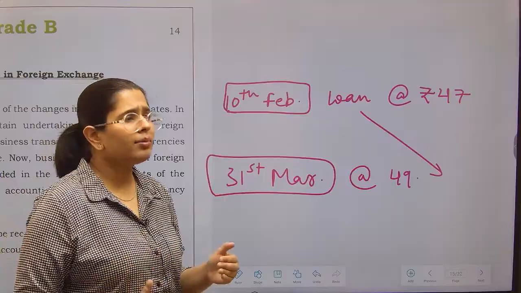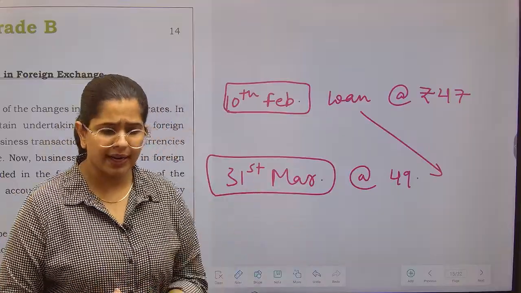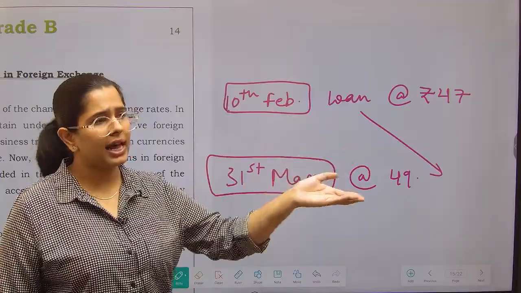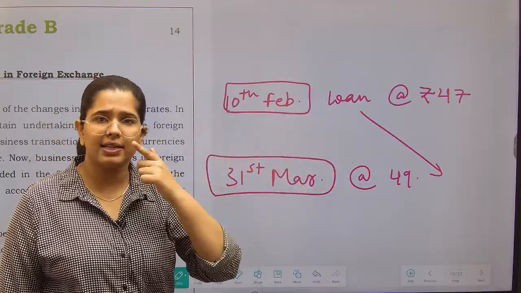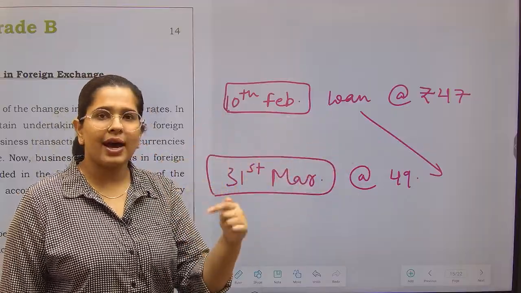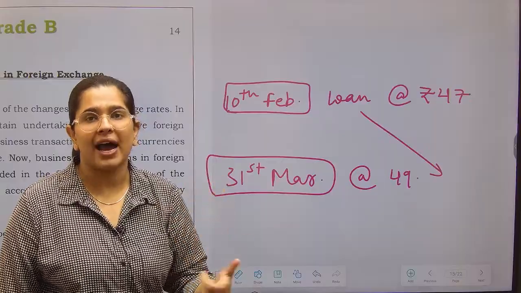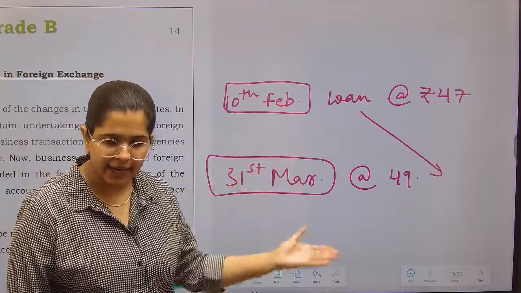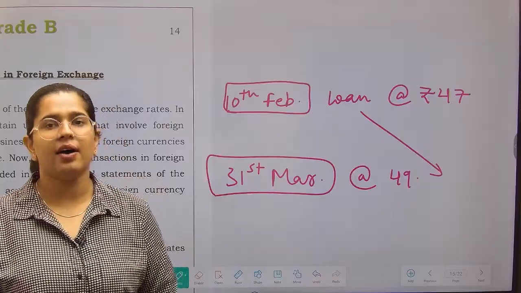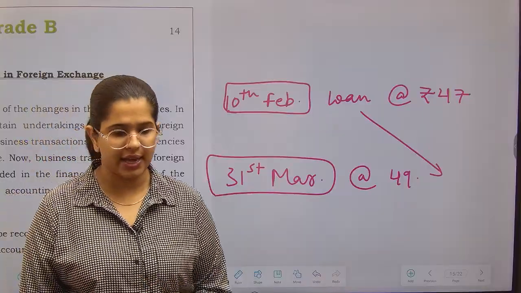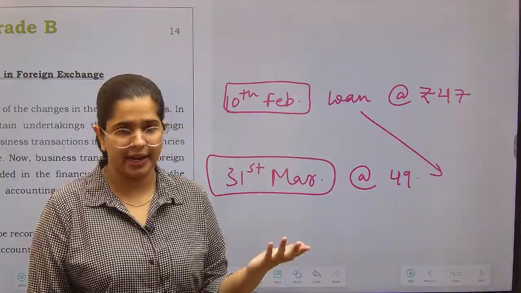Whereas when I talk about land, building, any kind of permanent asset, building तो मेरी पड़ी रहेगी, इस साल भी रहेगी, अगले साल भी रहेगी, आगे आने वाले साल भी रहेगी. So that is why I do not change its valuation on closing date, whereas monetary items का valuation change किया जाता है on closing date.